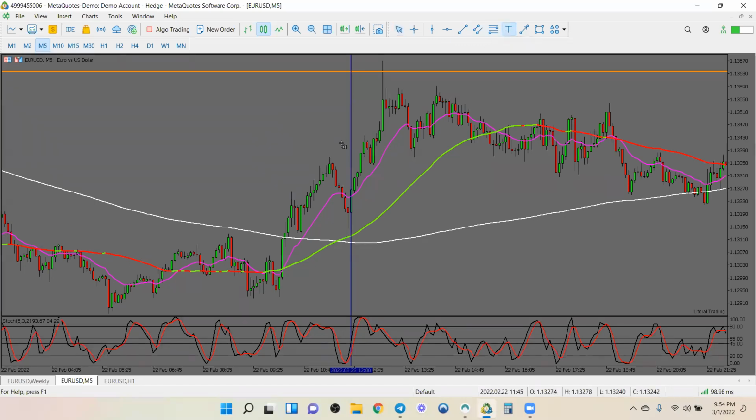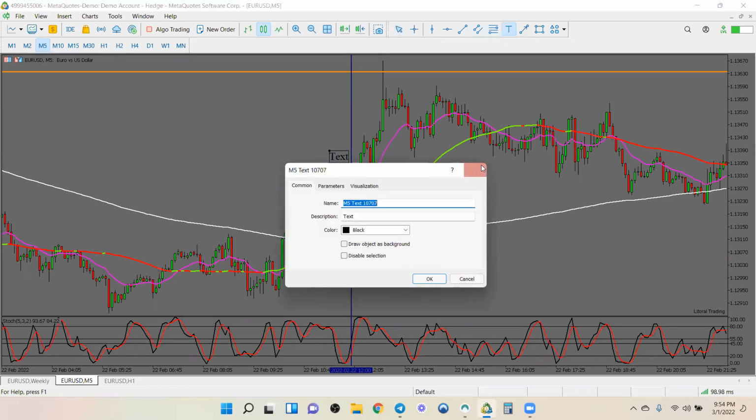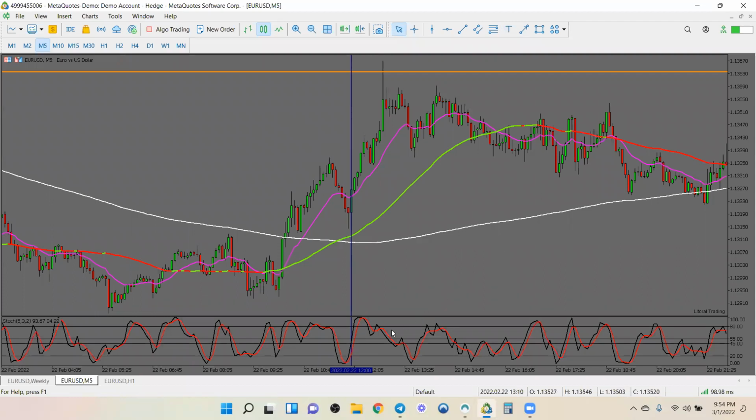You want me to type it in? I'll just write. Okay, go ahead. Wave 1 is here. Where's your wave 2? Wave 2 is here. Good, that's your wave 2. Wave 3.